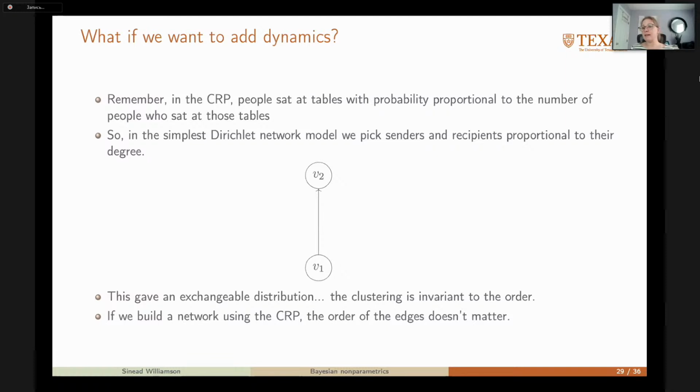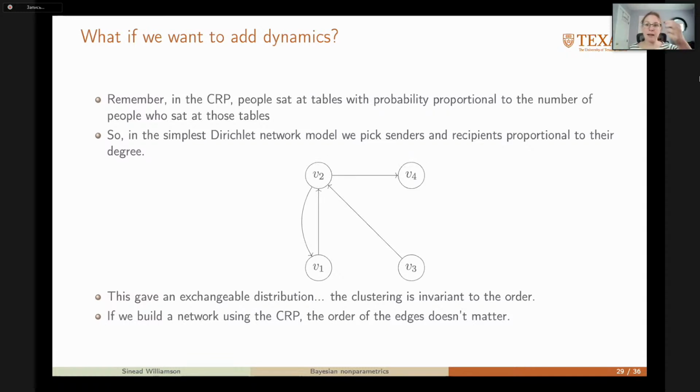I then either sample one of these 2 previous nodes with probability, in this case, proportional to 1, or I sample a new one. Let's say I sample a new one for the sender, and then let's say I sample an old one for the recipient. I add that edge. Sample an old one, sample another old one. Now I've got an edge going back between 2 and 1, and so on.